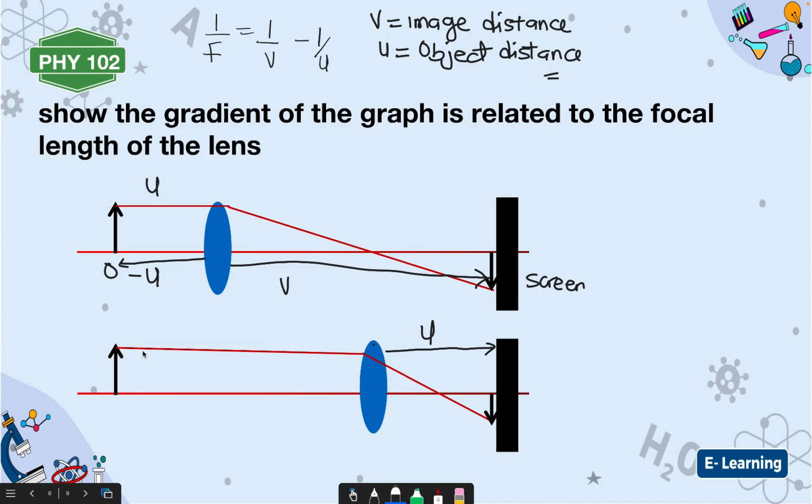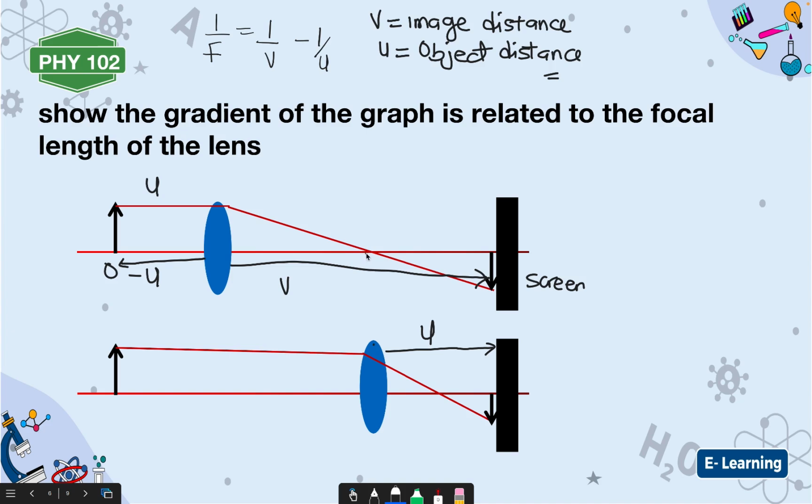However, there's something I want us to do. That's why I said this is manipulative. Now, if here is U, what is the distance between the two lenses? Because the distance between the two lenses is the D you are looking for. You understand? So how do you get that D?